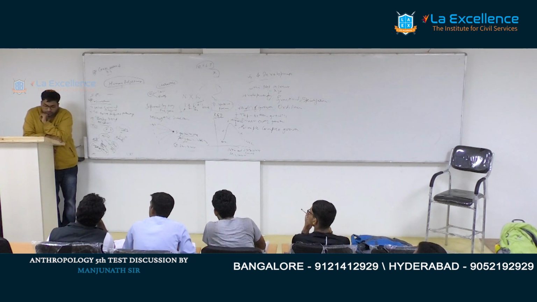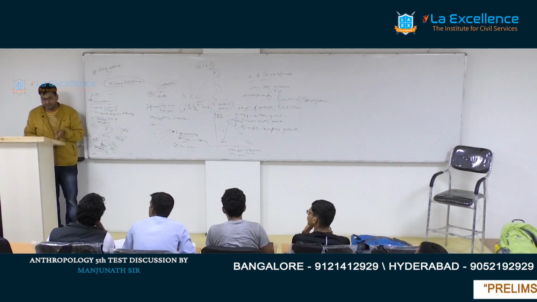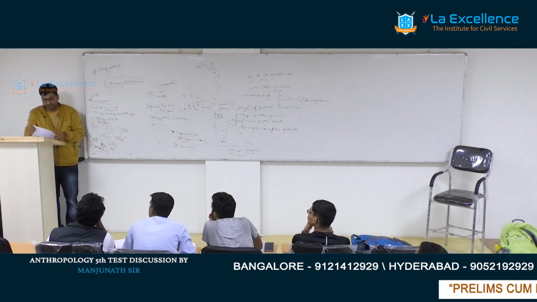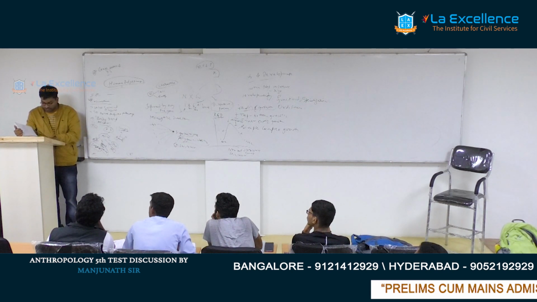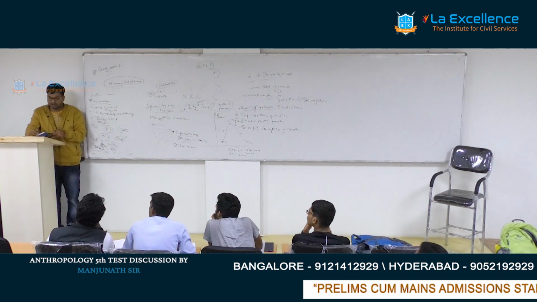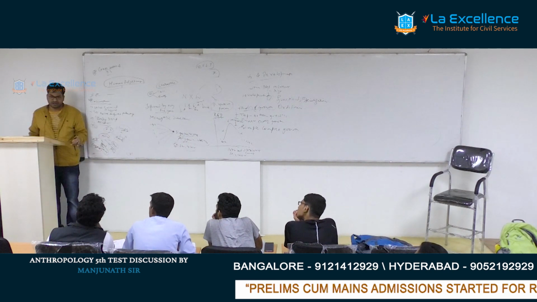That depends on your current preparation. Where do you stand in Anthro? But I would strongly recommend that in GS you can write some answer though you don't know the question. What they hardly ask is poverty alleviation or agricultural crisis.